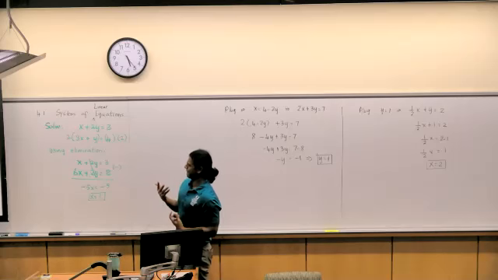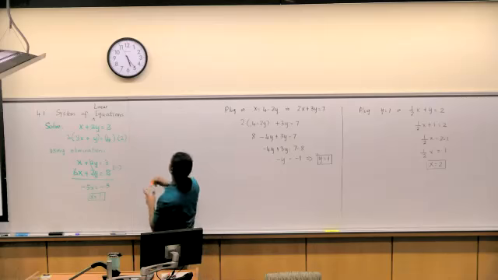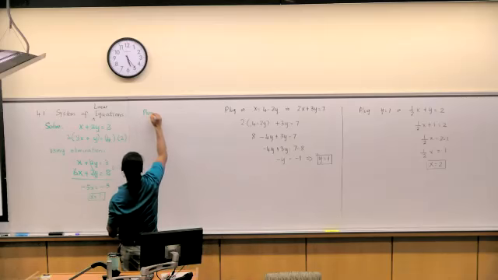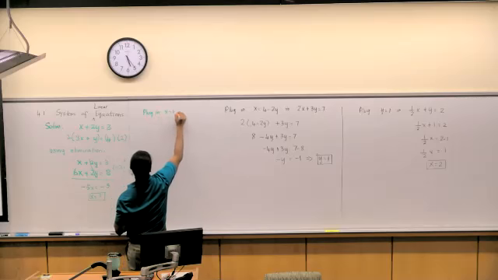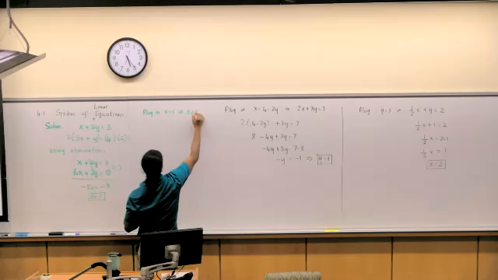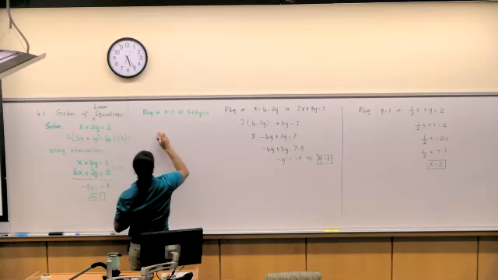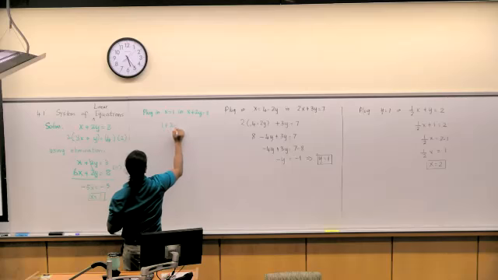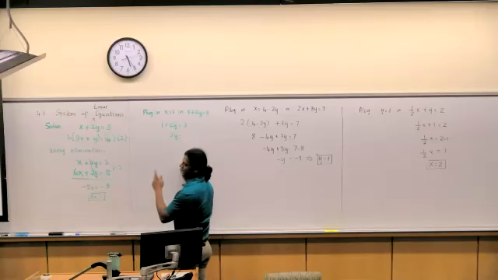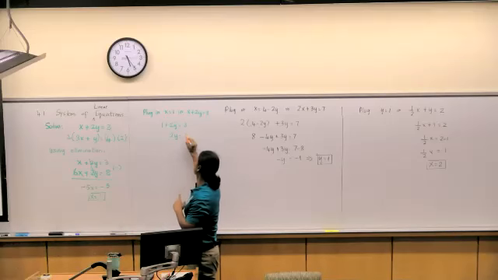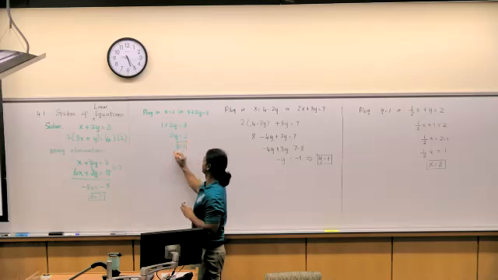Which one's easier? The top one. So 1 plus 2y would be equal to 3, which would imply 2y equals 3 minus 1, which is 2. Divide by 2 on both sides, I get 1.